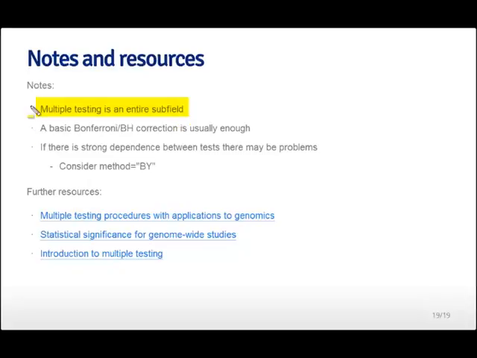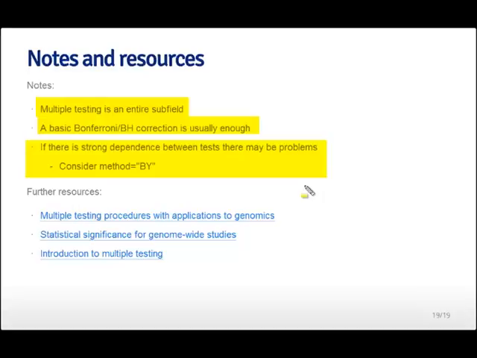The basic Bonferroni or Benjamini-Hochberg correction is usually enough for most standard problems, but if there's strong dependence between tests, for example, you might want to consider method equals BY in the p.adjust function, or look into more direct adjustments for the dependence between the hypothesis tests. This is actually an area in which I've done a little bit of research, so hopefully you can take a look at some of my papers on the area.